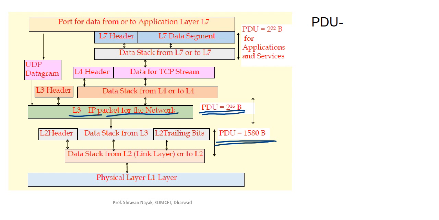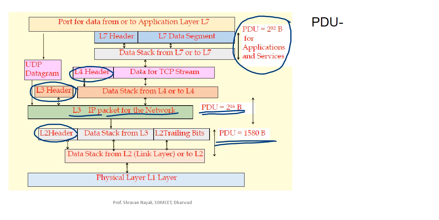This is what I told you earlier: depending upon the different layers, the total size of the packet will change, because some additional fields will come into the picture. For example, you can see here your L2 header, L3 header, L4 header, and it keeps going. And finally, for the application and services, you have PDU equal to 2 to the power of 32 bytes per segment.